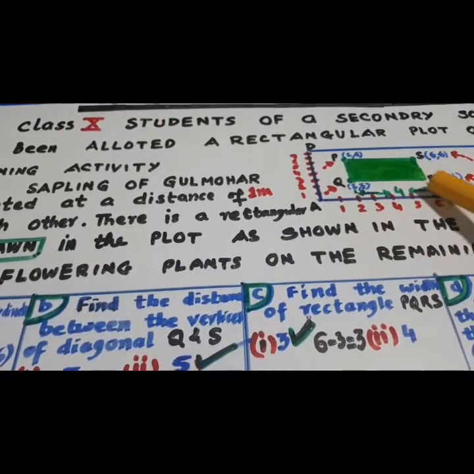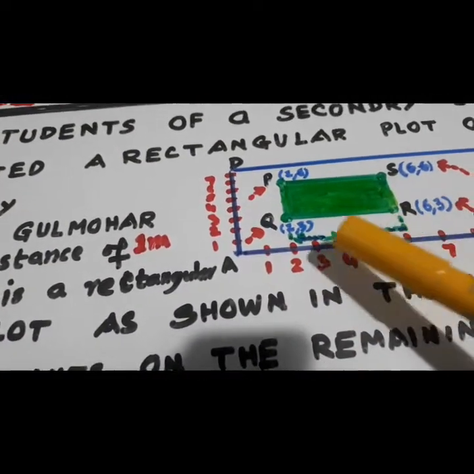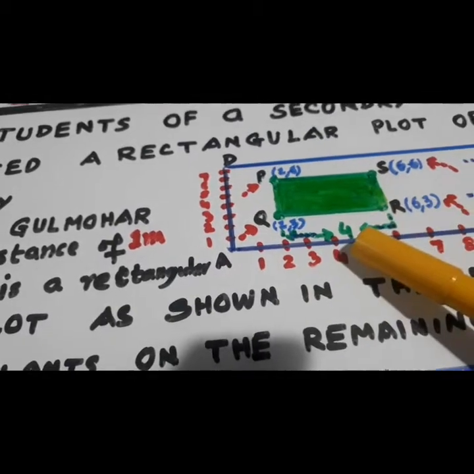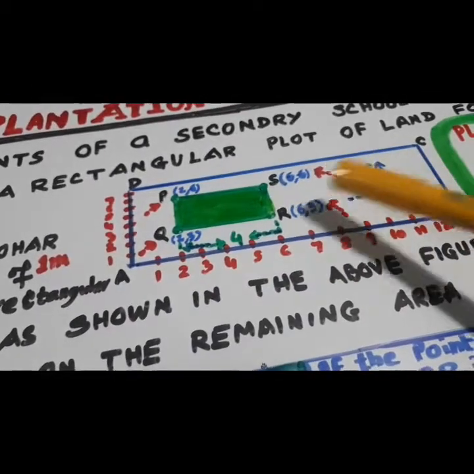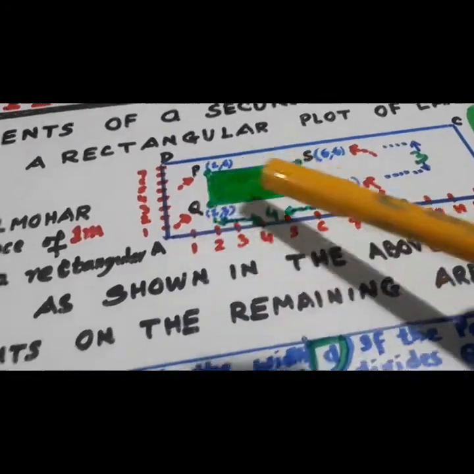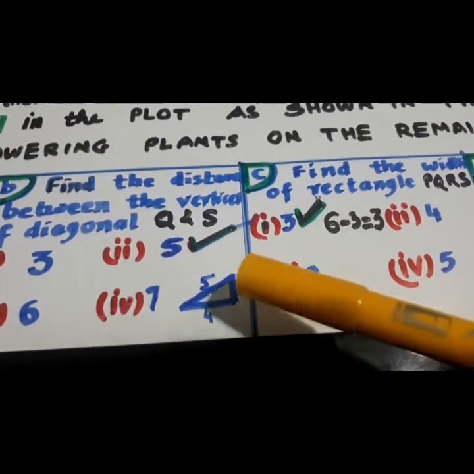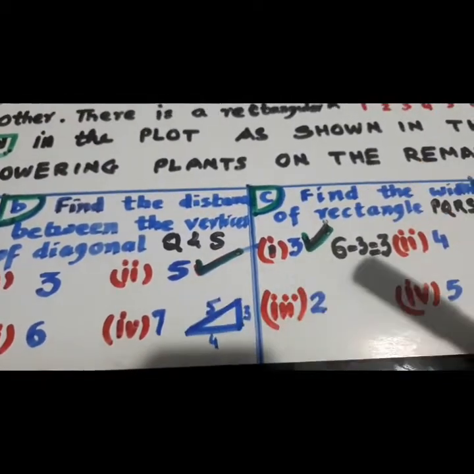Look here, from 2 to 6, the x part or the base is 4 and this one is 3. Perpendicular is 3. And hypotenuse QS will be the square root of 4 square plus 3 square, that is 5.